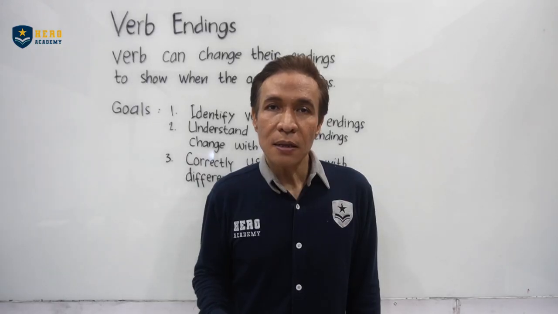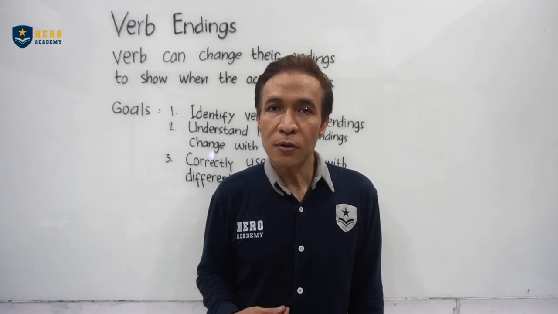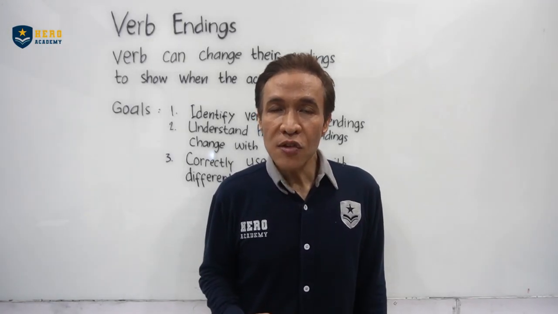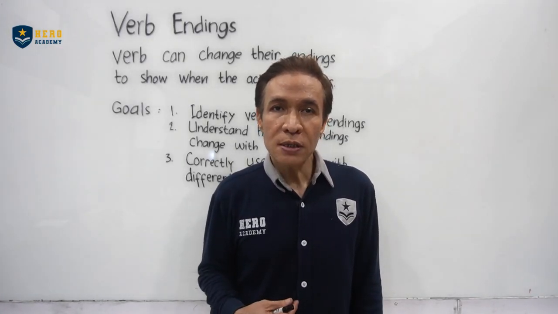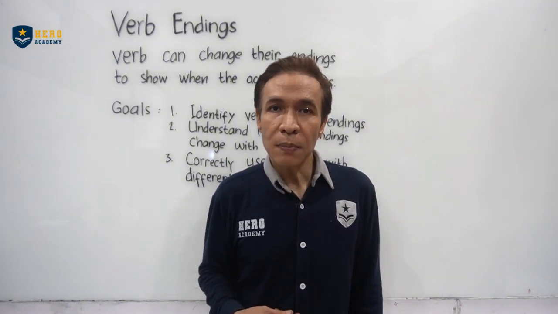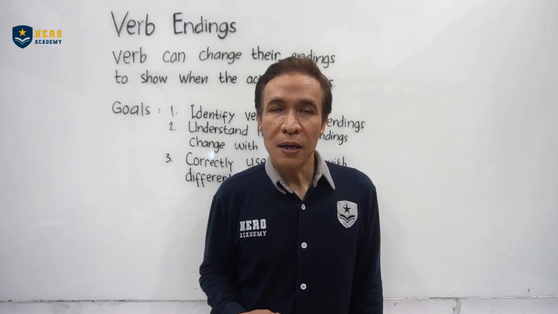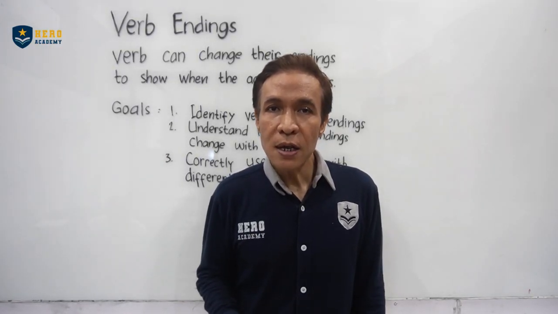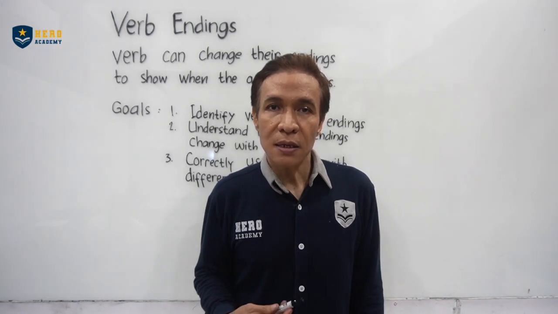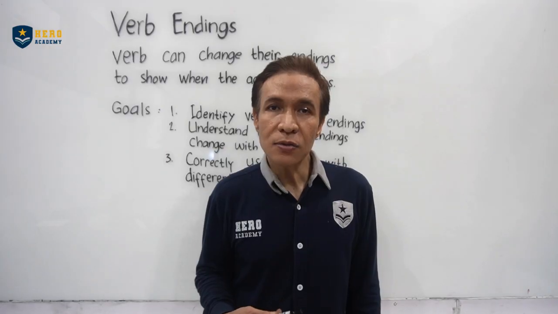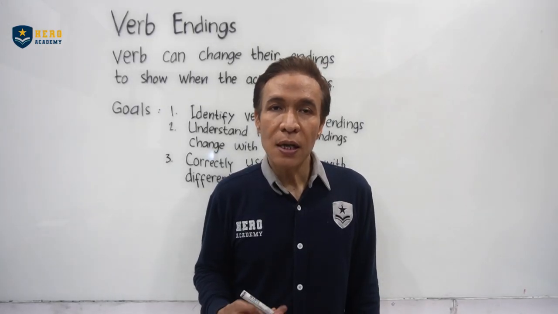We add the ending ed to the verb play. She worked in the garden to help her grandma. So work changed into worked. The ending is worked. We add ed to the verb work.